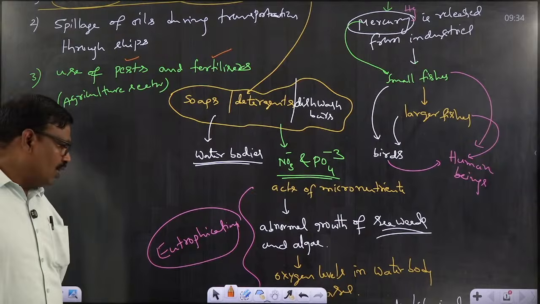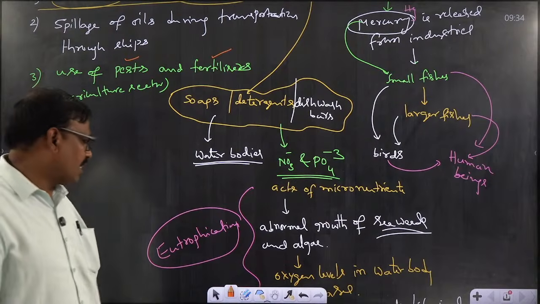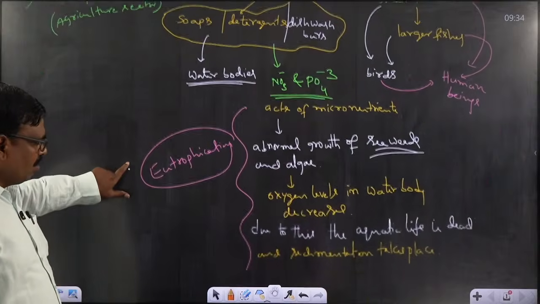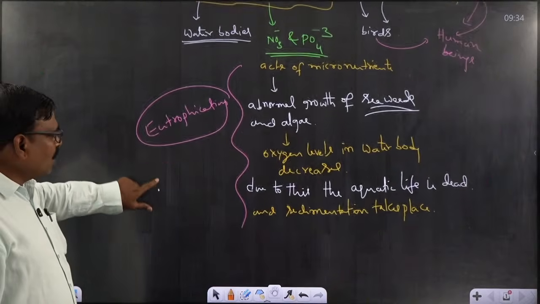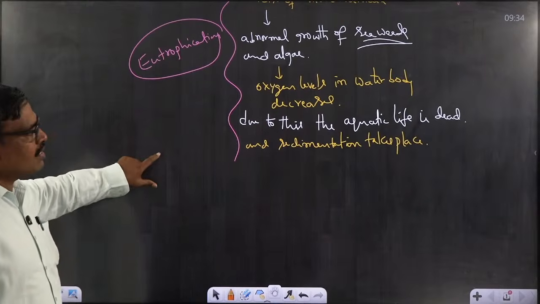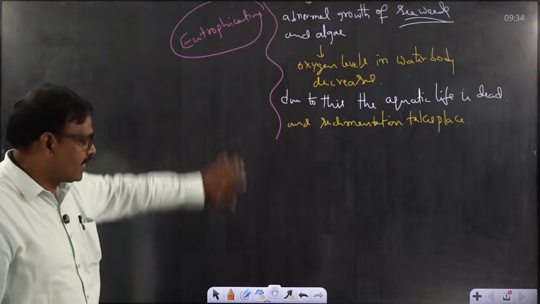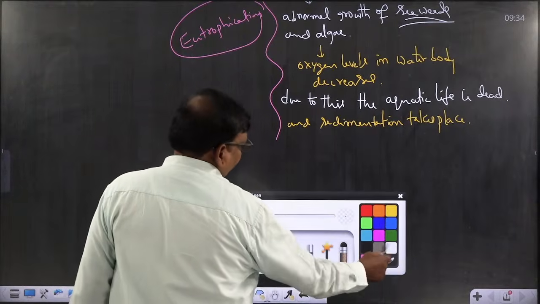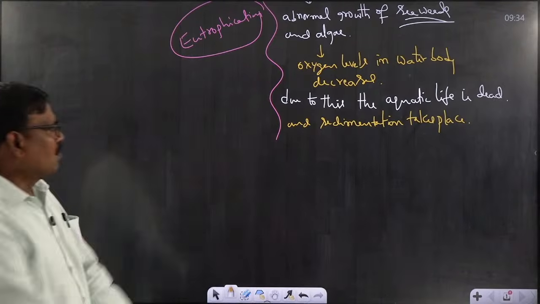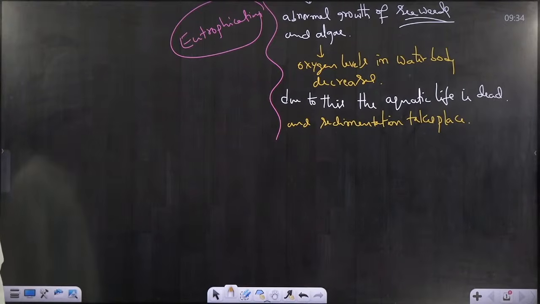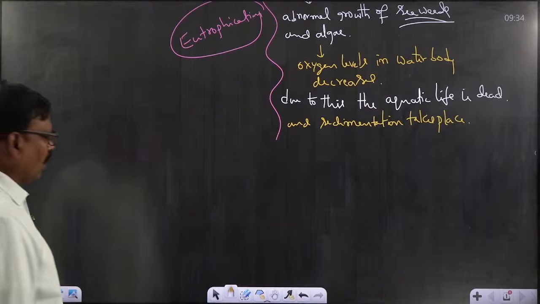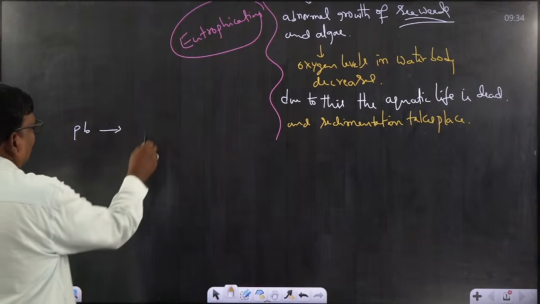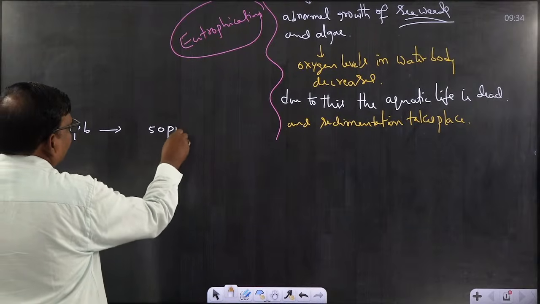So that polluted water will cause many drastic conditions to human beings or animals, because the use of such water causes certain disorders in human beings. For example, in olden days, lead pipes were used for the transportation of water. The permissible level of lead in water is only 50 ppb, parts per billion.